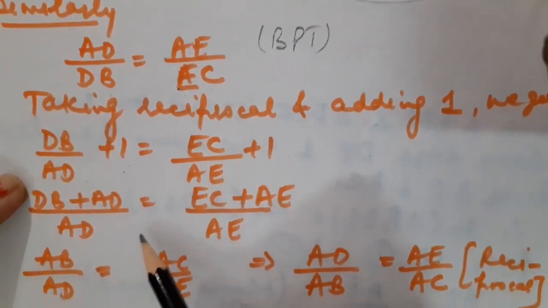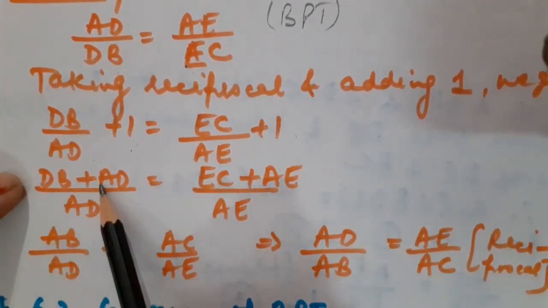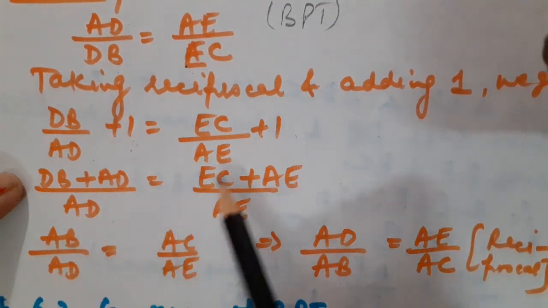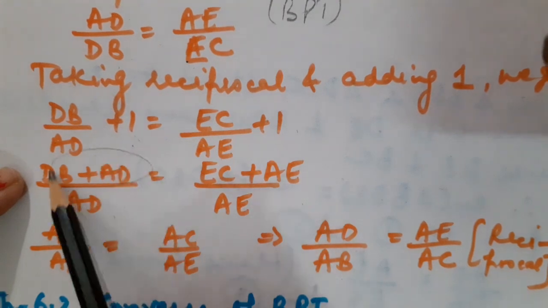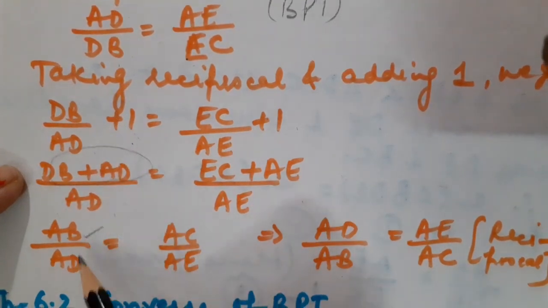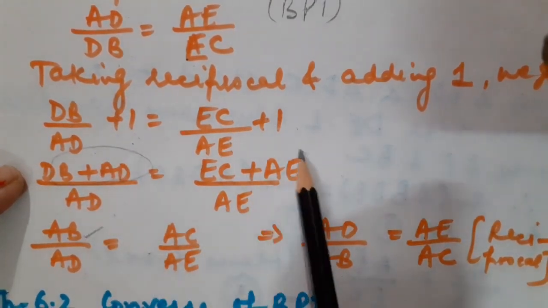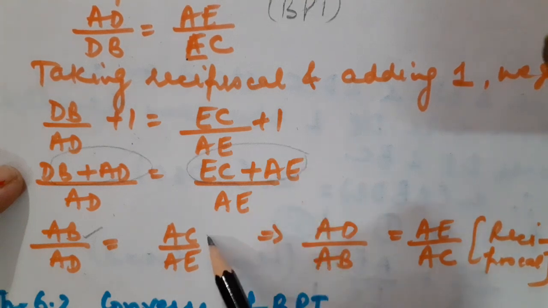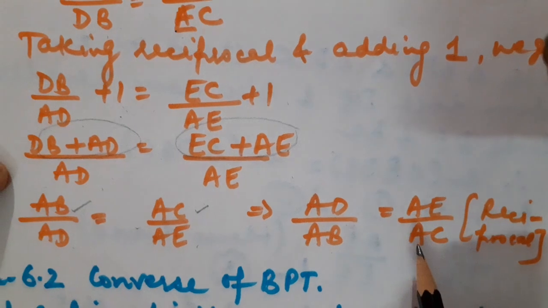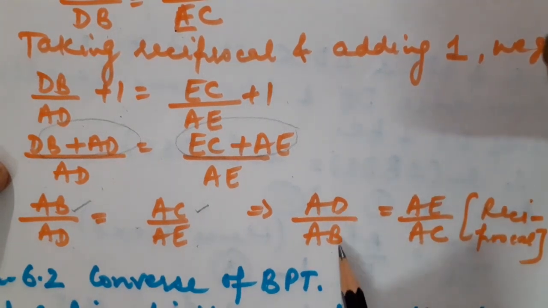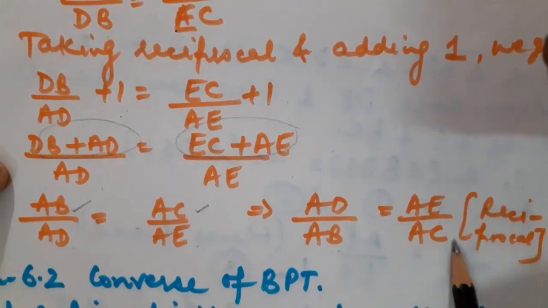Let us take LCM. It would become DB plus AD upon AD is equal to EC plus AE upon AE. So this complete is AB. AB upon AD is equal to EC plus AE, which makes AC upon AE. Now taking reciprocal once again, I will be getting AD upon AB is equal to AE upon AC.